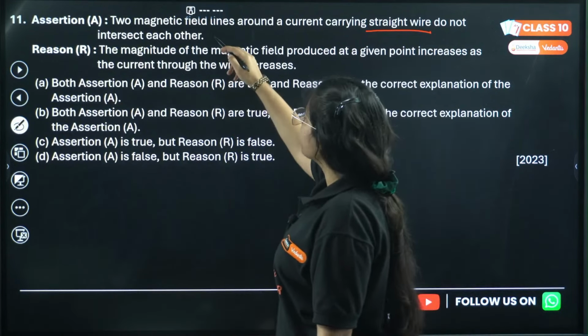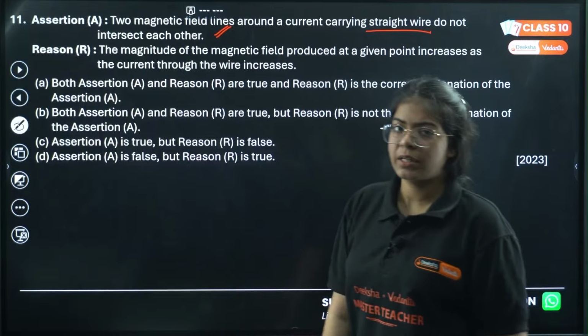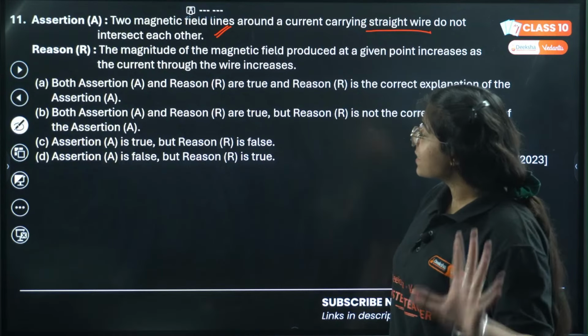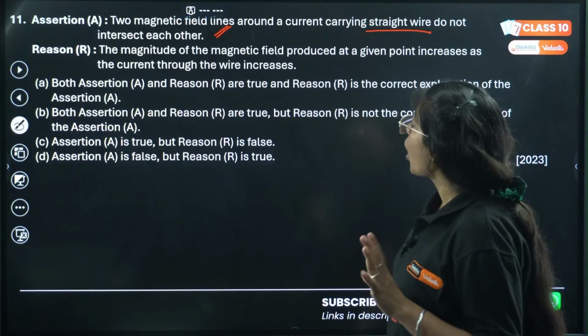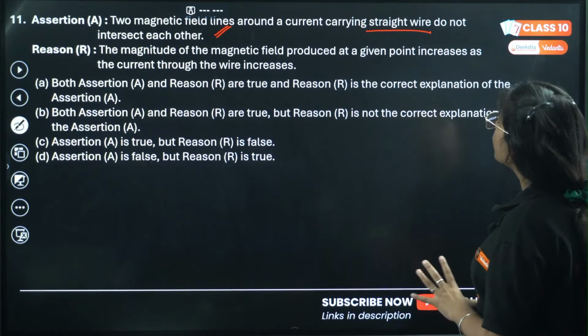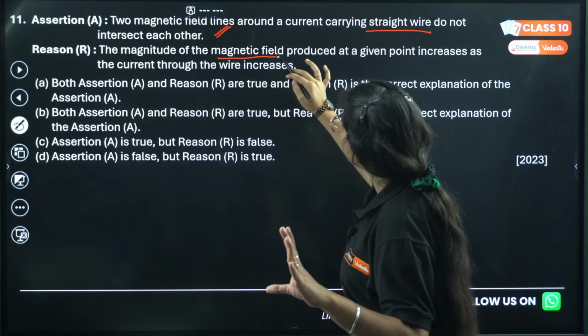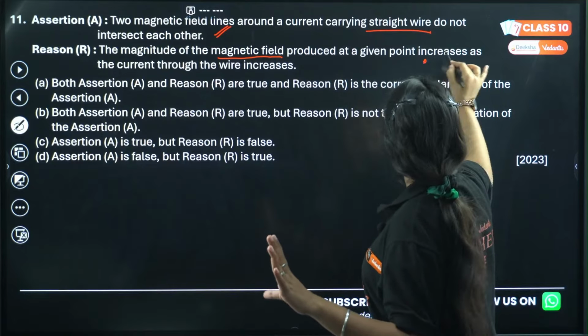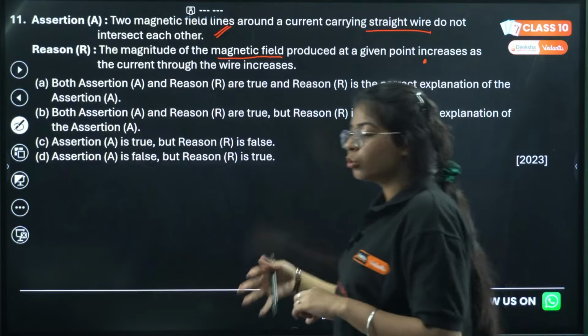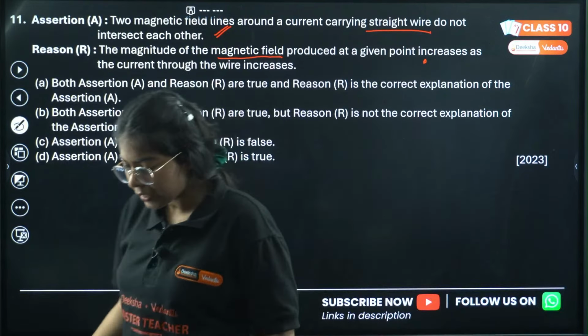It's correct. We know that magnetic field lines do not intersect each other. But the reason is saying the magnitude of the magnetic field produced at a given point increases as the current through the wire increases. Correct?